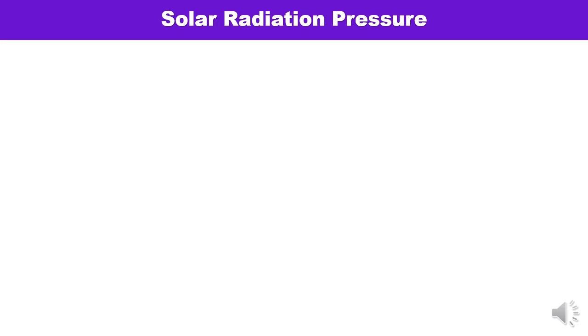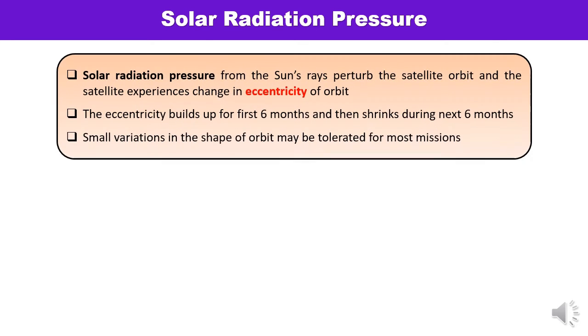Next factor is solar radiation pressure. What is this solar radiation pressure? This is very important over here. See, solar radiation pressure from the sun's rays disturbs the satellite orbit. For satellites of high electrical power, solar panels are used, mounted on the body of the satellites, and they are very expensive also.